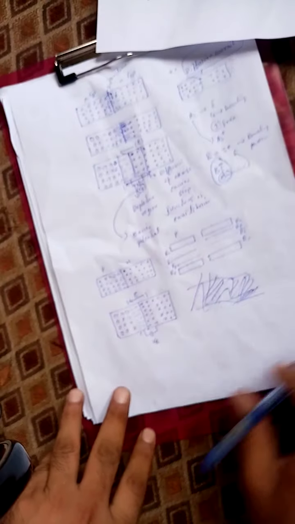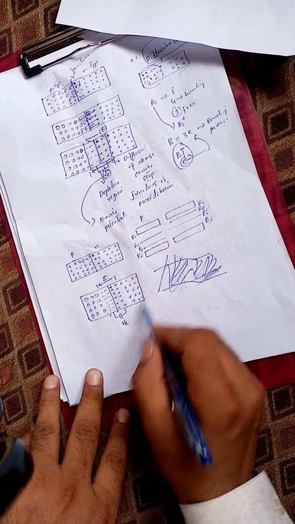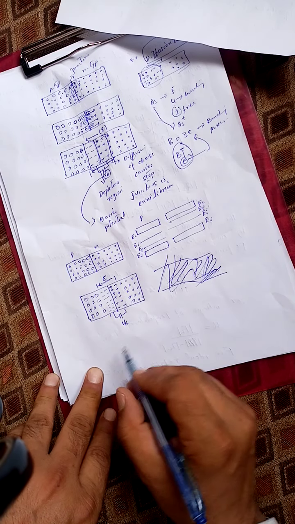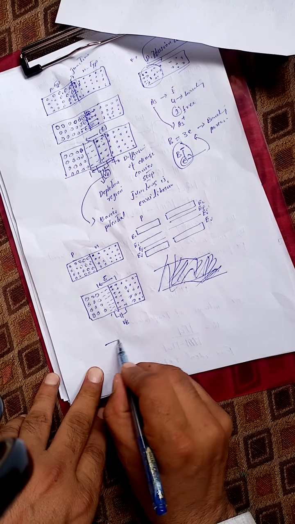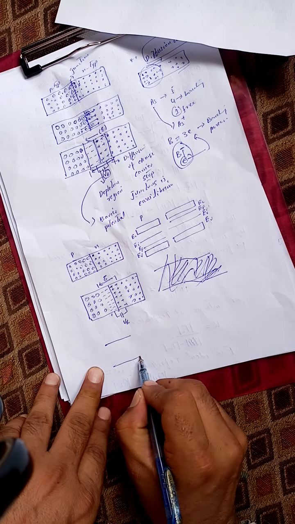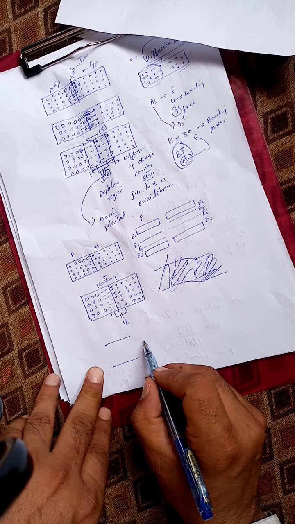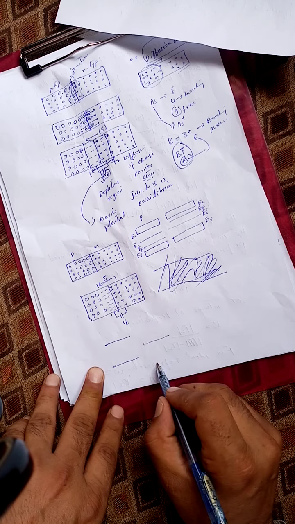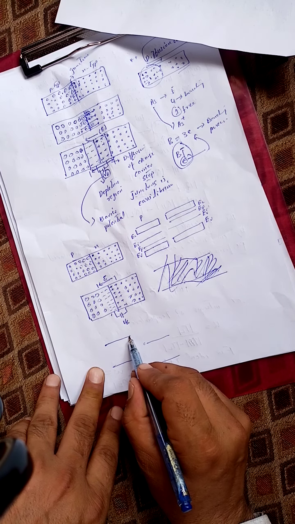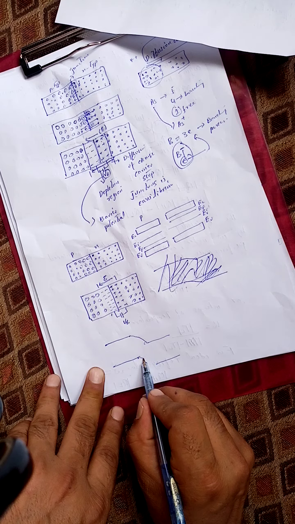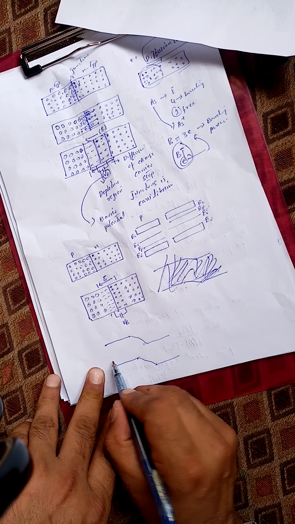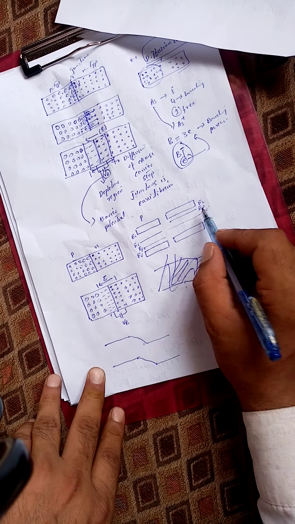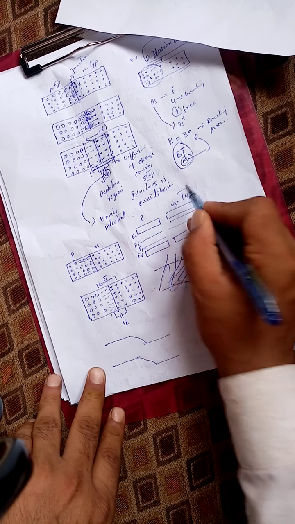Now the band structure of this PN junction after equilibrium looks like this. The Fermi energy of these two, the EF of P-type and EF of N-type, will come to the same place.